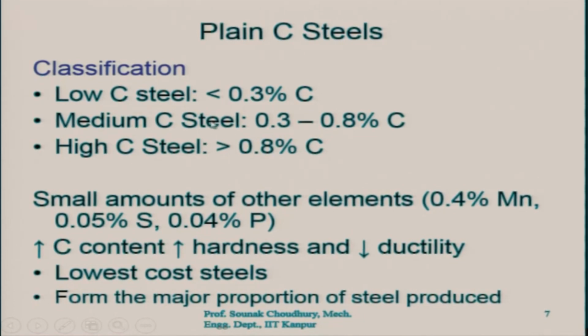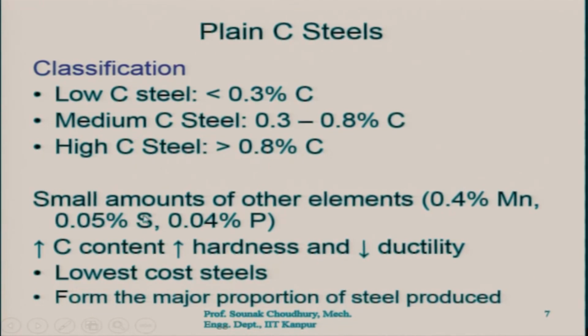The medium carbon steels have different grades depending on the percentage of carbon. In some grades it may be 0.3, then 0.4, 0.5 and so on, but not more than 0.8% carbon. In high carbon steel, the percentage of carbon is more than 0.8%.